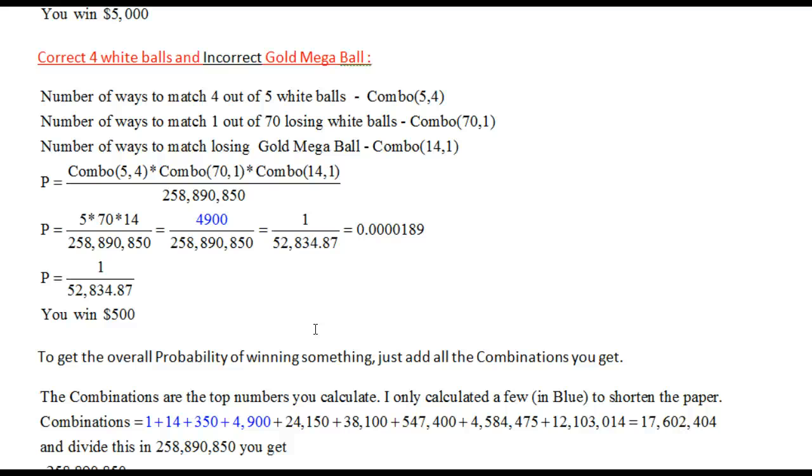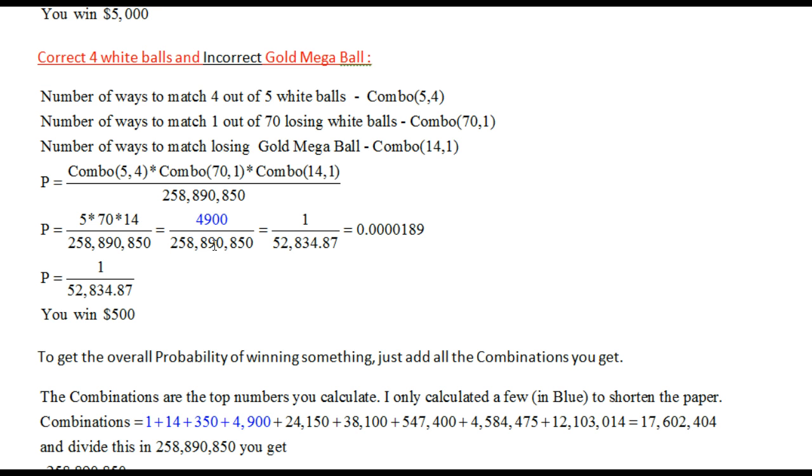So that's 5 times 70 times 14. We plug in our N and R's into our combo equation, and we get these numbers here, 5, 70, and 14. Okay? And we get 5 times 70 times 14 is 4,900.